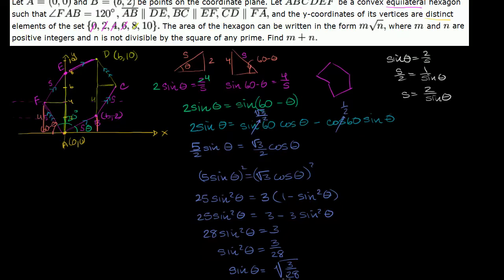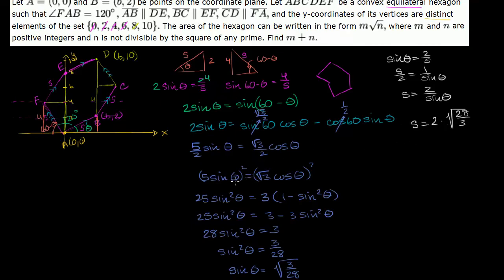Well, we know what sine of theta is. It's square root of 3 over 28. So s is equal to 2 divided by sine of theta. That's like multiplying by the inverse of sine of theta. So that's 2 times the square root of 28 over 3. So we figured out our s: 2 times this thing over here.